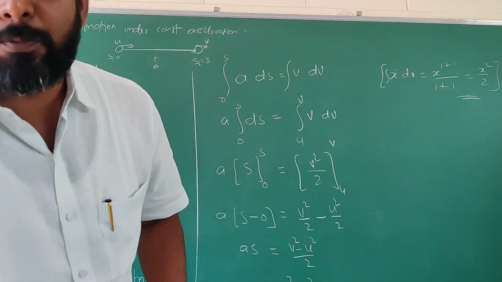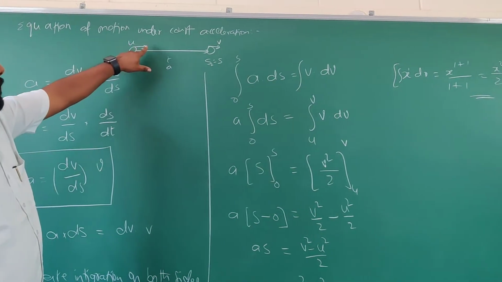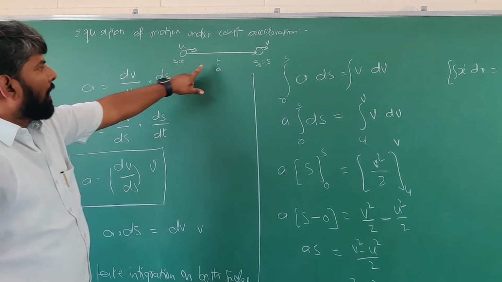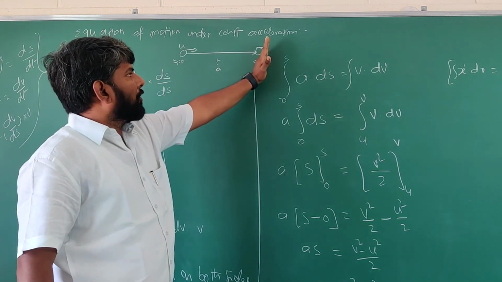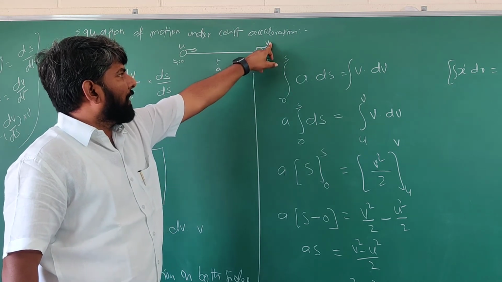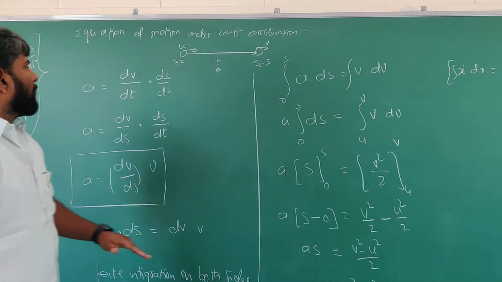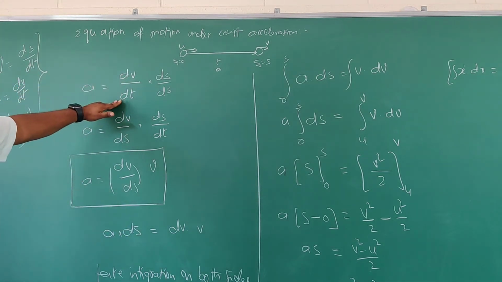Once again I am going to explain it. Initially, the body starts moving with an initial velocity u. Initially displacement is 0. After a time t with constant acceleration a, it reaches a final velocity v. The covered displacement is s. We know that acceleration a is equal to dv by dt.